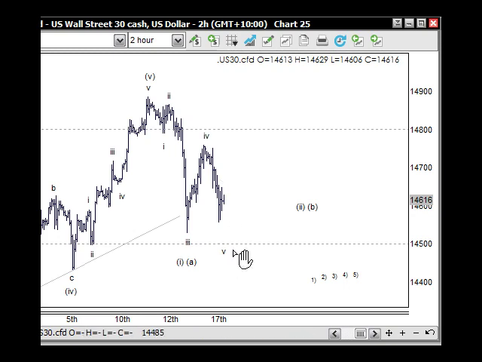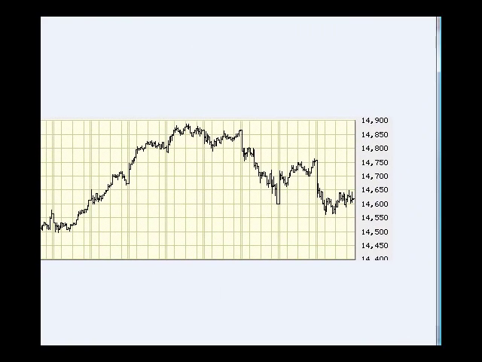In fact, the rally that we've got here is smaller on the cash market than it is on the futures market or the CFD markets here. So it does count down nicely as 1, 2, 3, 4, and 5 on the actual index.